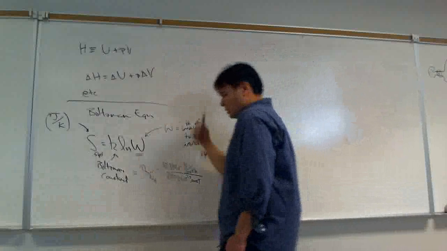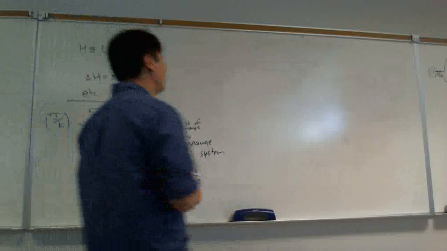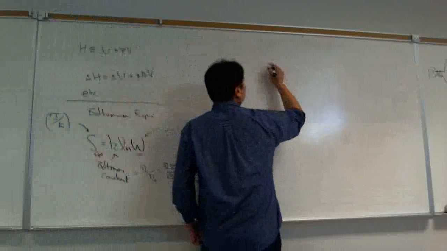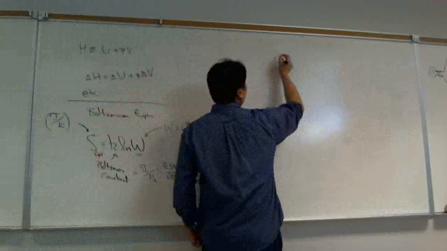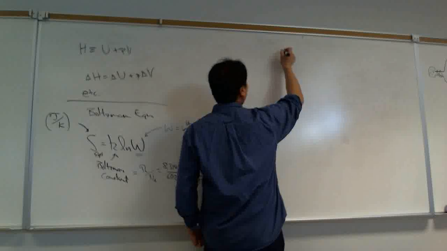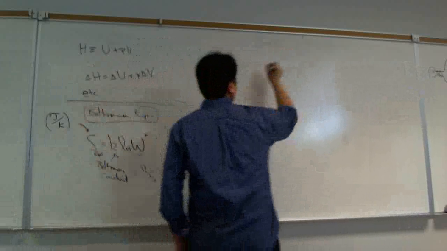One of the things that entropy is related to is heat. This first equation we aren't going to use much, but this one we probably use a little bit more. Alternatively, use this one.